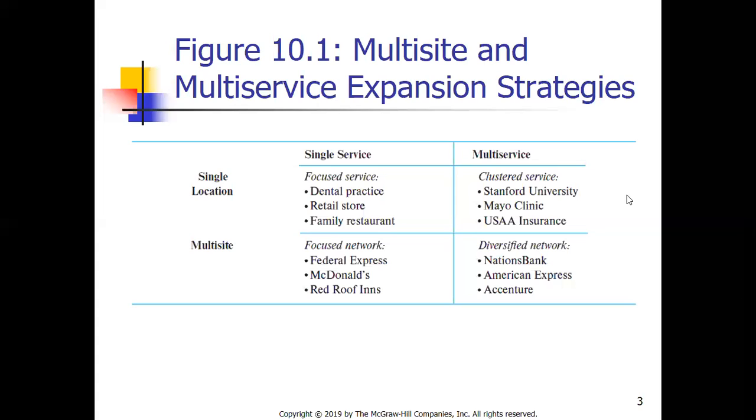For example, the monsoon season, whether the area is flooded or not. The risk is in that particular area. But at the same time, it is easy to control, because you focus on only one service.